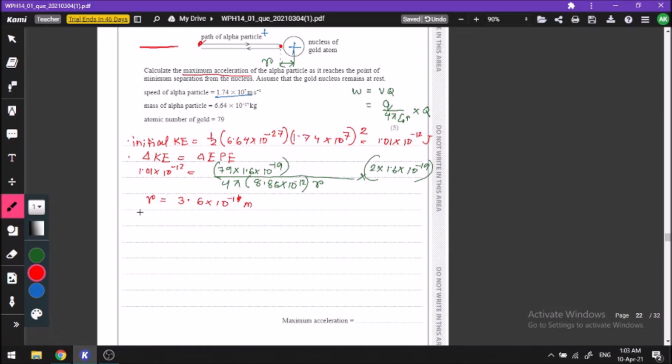Now, using this distance, we can find out how much the electrical repulsive force is between these two particles. Using what formula? F is equal to Q1 Q2 by 4 pi epsilon naught r square. Our Q1 is our gold nucleus, 79 into 1.6 into 10 to the power minus 19. Our Q2 is our alpha, so 2 times 1.6 into 10 to the power minus 19.